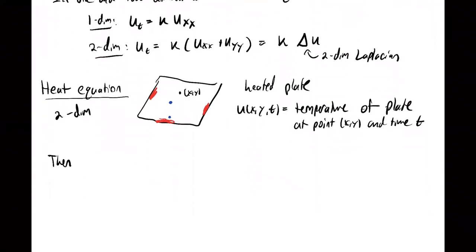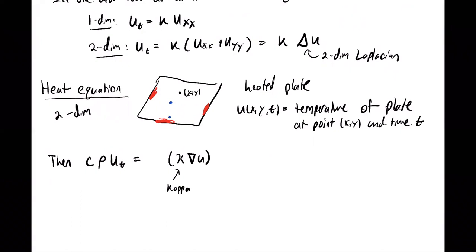It takes the form, well, you have some constant c, and then some other constant rho times the time derivative, or derivative of u with respect to t. And this is equal to some other constant, which is usually referred to as the Greek letter kappa, times the gradient of u.